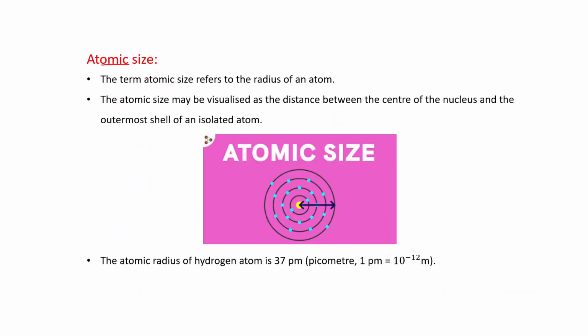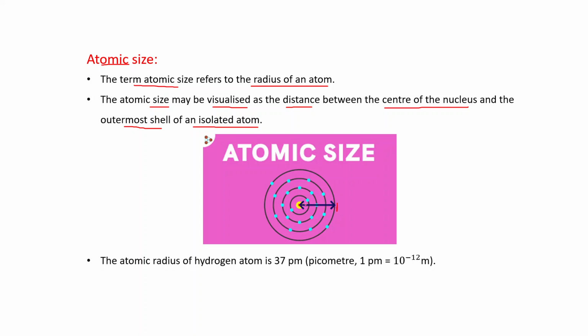Atomic size. The term atomic size refers to the radius of an atom. The atomic size may be visualized as the distance between the center of the nucleus and the outermost shell of an isolated atom. You can see in this diagram, this is the center of the nucleus and this is the outermost shell.